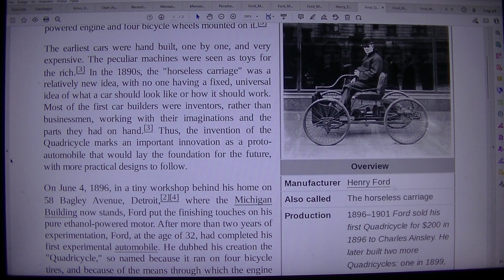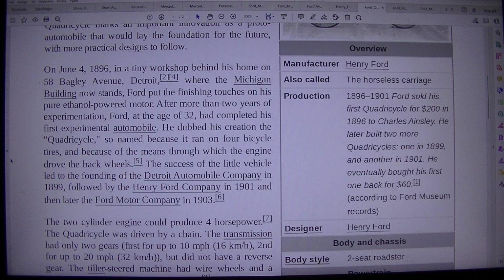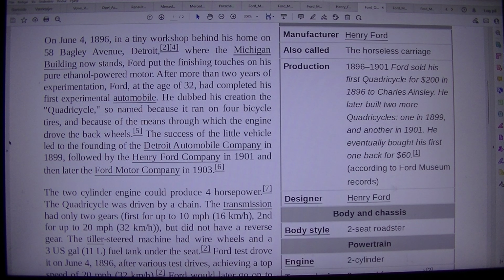On the 4th of June, 1896, in a tiny workshop behind his home on Bagley Avenue, Detroit, where the Michigan building now stands, Ford put the finishing touches on his ethanol-powered motor. After more than 2 years of experimentation, Ford, at the age of 32, had completed his first experimental automobile.